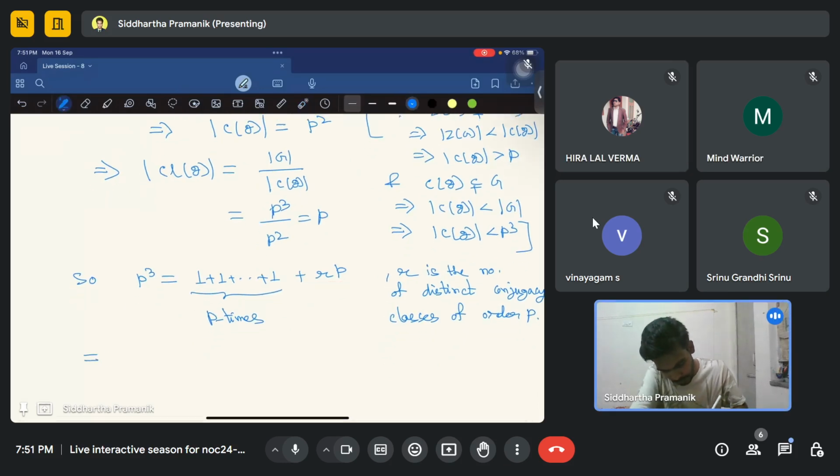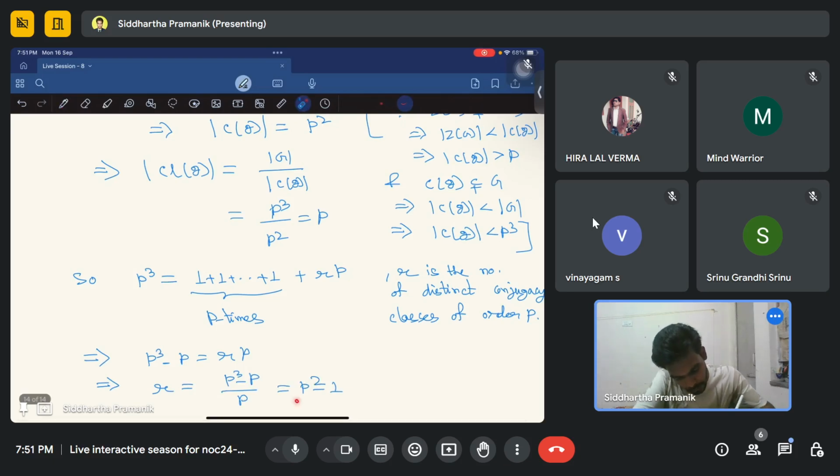So this implies pq minus p equals rp. So r equals (pq minus p) divided by p, which is p squared minus 1. So there are exactly p squared minus 1 conjugacy classes of order p.